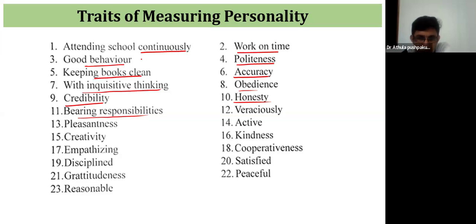And satisfaction level, gratitude: we talk about attitudes and gratitude, both should be maintained now. And some are peaceful. Some students can be identified as making trouble with other students also. And some students behave peacefully, reasonably, right? Okay, these are a few traits, 23, but not only these; we can identify various others.